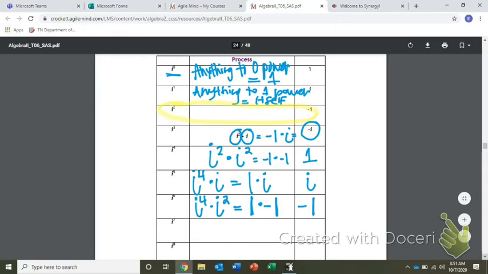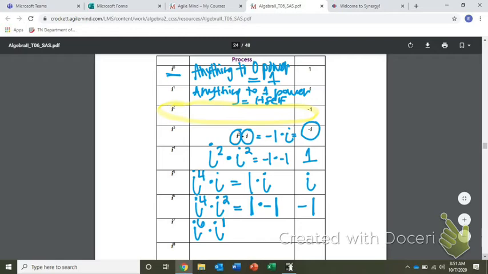On i to the 7th, I'm going to use i to the 6th and an i, because that has a power of 1. 6 plus 1 equals 7. What did we just say that i to the 6th equals?